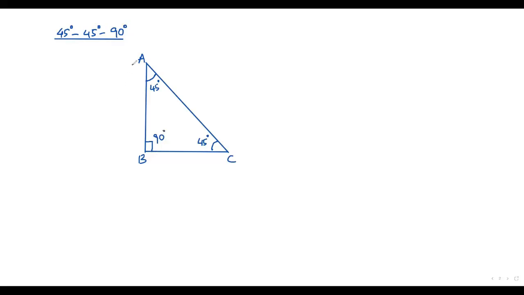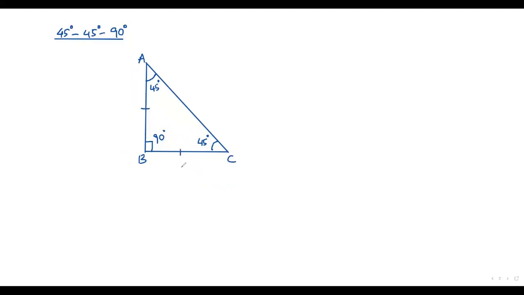The two sides AB and BC are opposite the same interior angle measure of 45°. Since AB and BC are opposite the same angle measure, the length of AB and the length of BC must be equal.